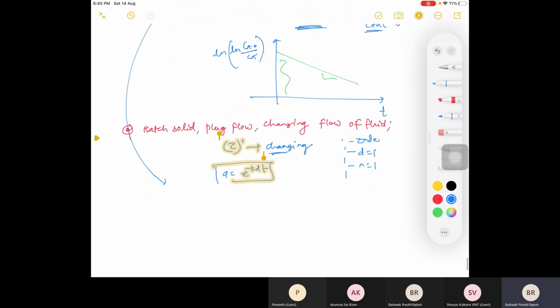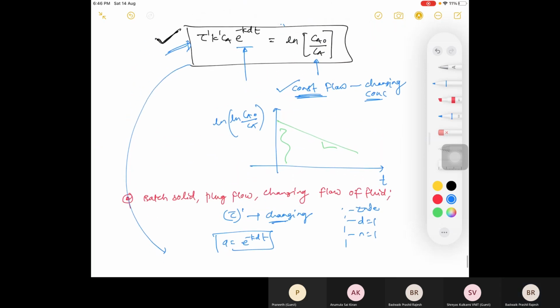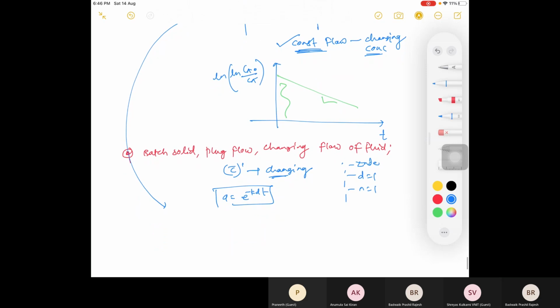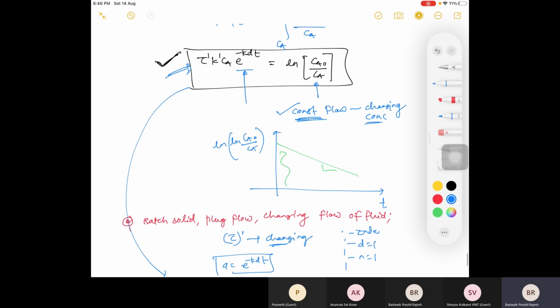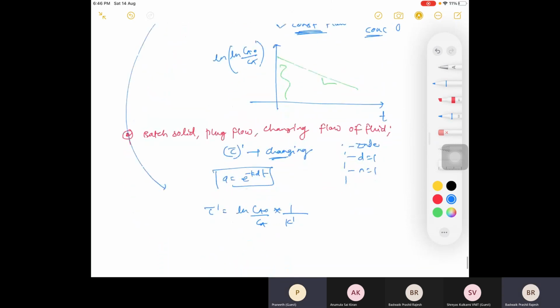Now write down this equation in terms of tau. Tau dash is equals to ln of Ca naught divided by Ca into 1 by k dash, and tau is there, e power minus kd t.